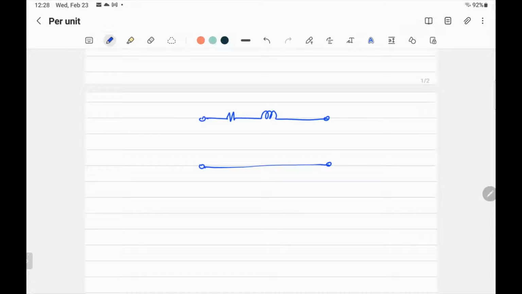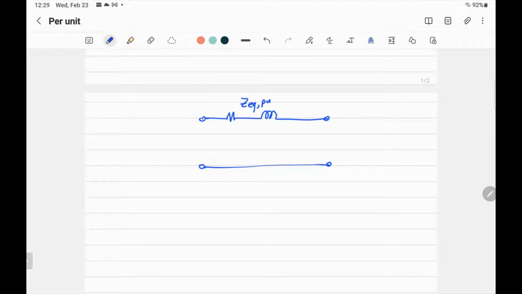So that will be the equivalent impedance. The question now is which side is this one? Is it side one or side two?